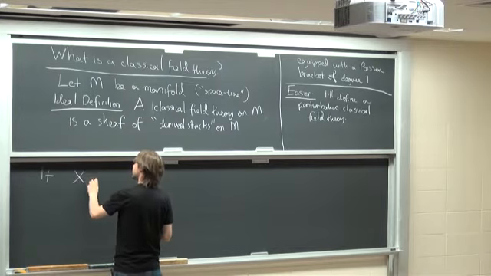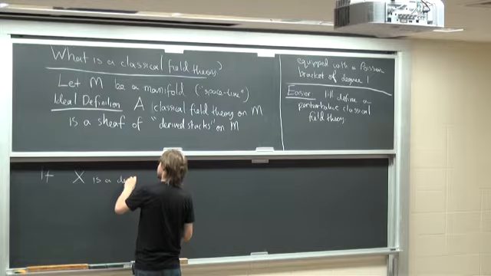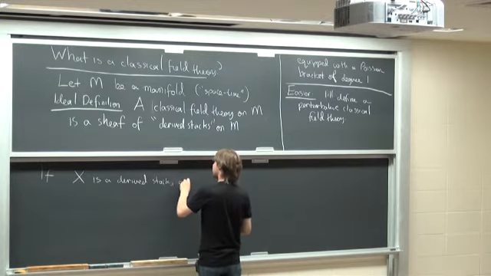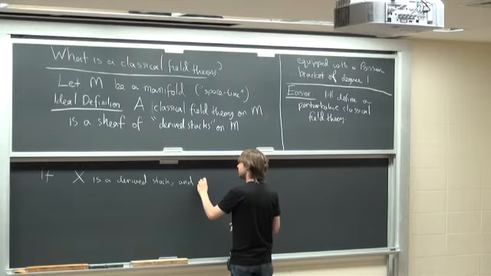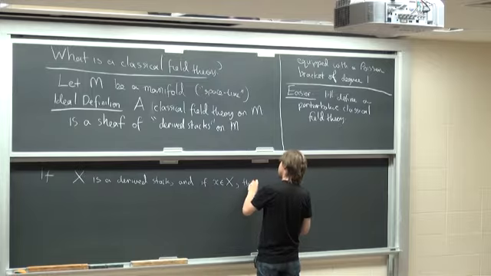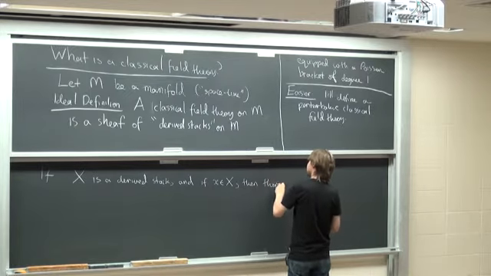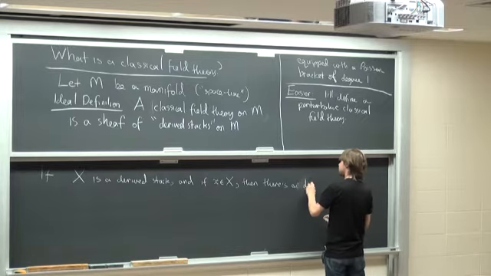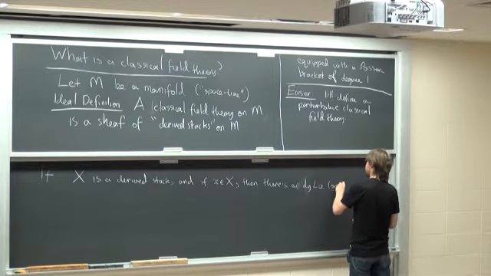So if X is a derived stack, and don't worry if you don't really know what this means, if I take a point in it, then there's a DG Lie, or L infinity if you prefer.